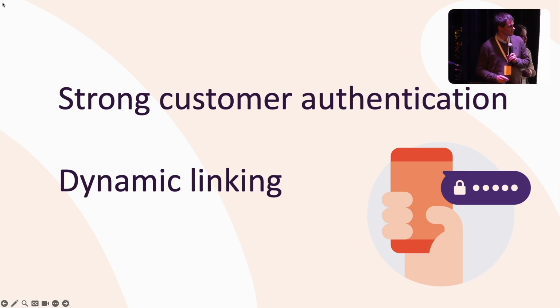This dynamic link creates a binding between the approval that the user gives when they get up the payment confirmation screen and the actual processing of the payment afterwards, so we can maintain this chain of evidence throughout.